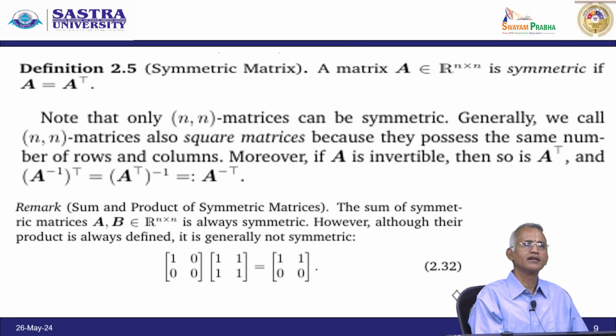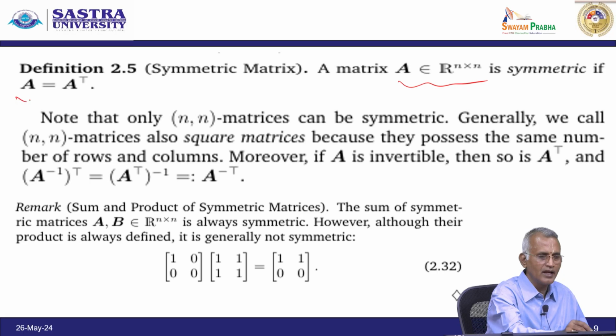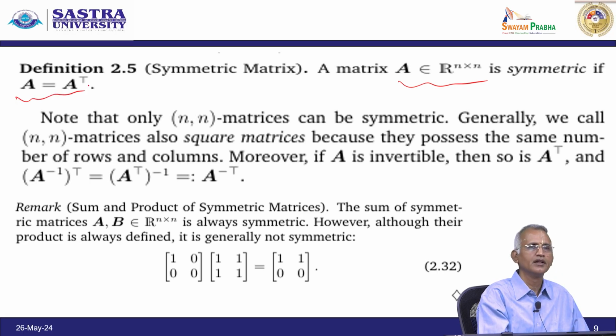Next is the symmetric matrix. You take a matrix A which belongs to R^(n×n), and it is symmetric if A and A transpose are equal. That means you take a matrix A, convert rows to columns and columns to rows, and check it out. If they are equal, then the matrix is said to be a symmetric matrix. Note that only a matrix with n rows and n columns can be symmetric.